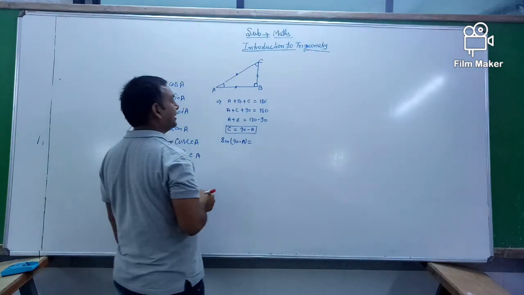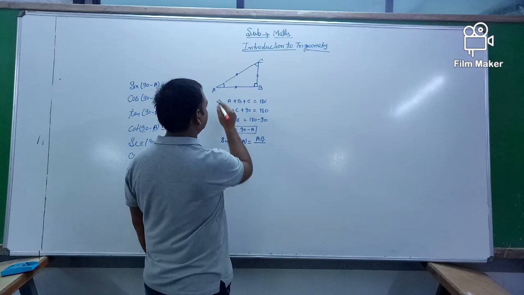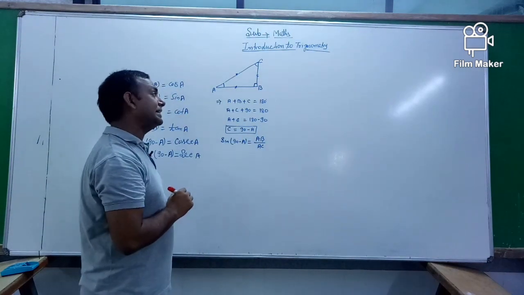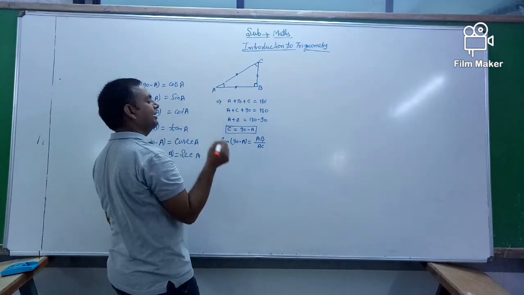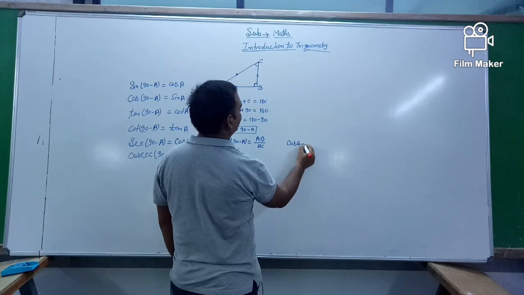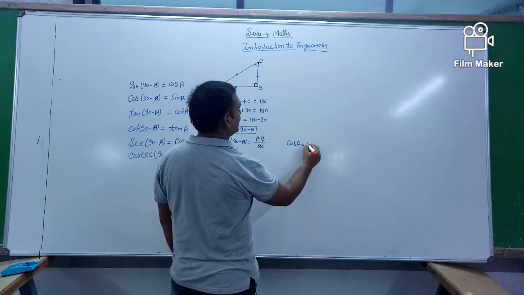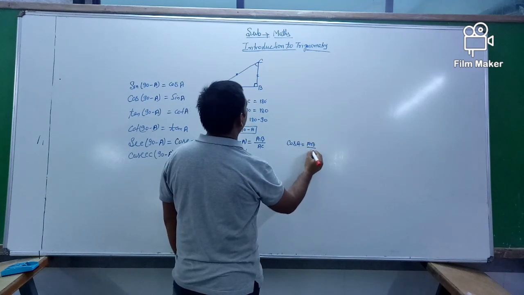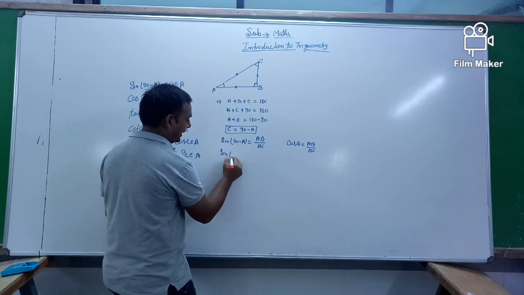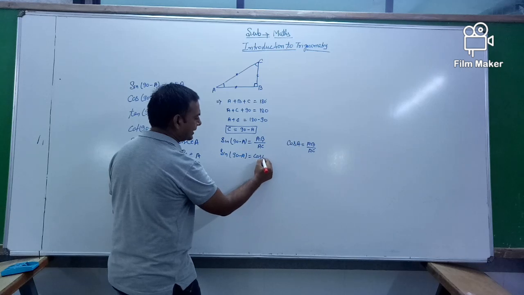So the perpendicular upon hypotenuse is AB upon AC. If you take the angle A, cos A is equal to base upon hypotenuse, that is AB upon AC. So sine 90 minus A is equal to cos A.